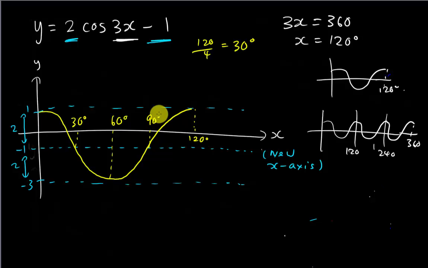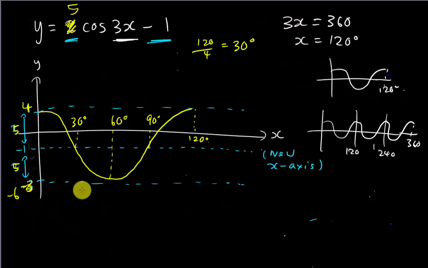Okay, so this is how we sketch the graph. Very important is the maximum and minimum value. It will change based on your amplitude. Let's say I change my amplitude to 5, since you might think 2 is easier. That means I will plus 5 and minus 5. Plus 5 for negative 1 becomes 4. Minus 5 for negative 1 gives negative 6.